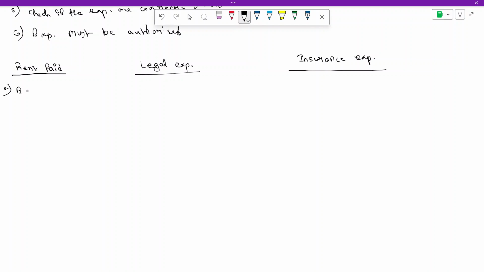Examine the rent agreement. Compute rent as per rent agreement.